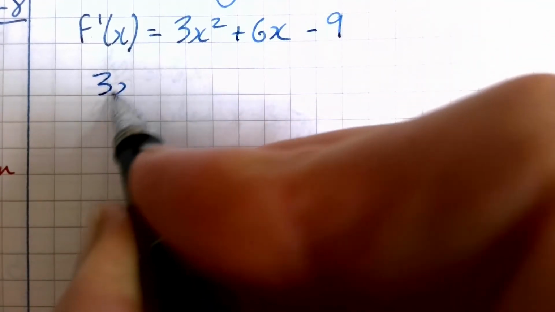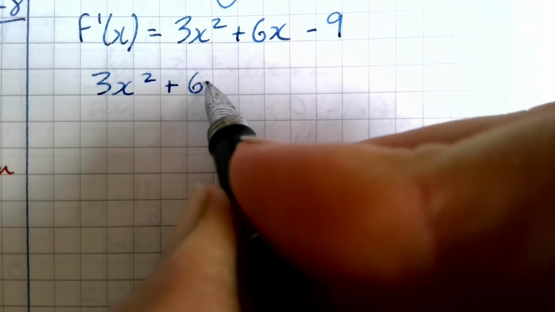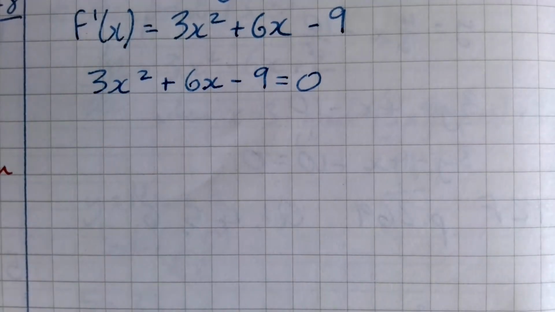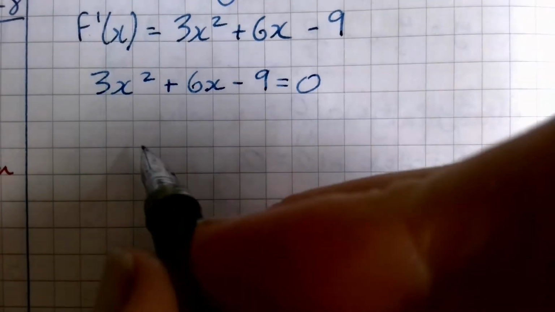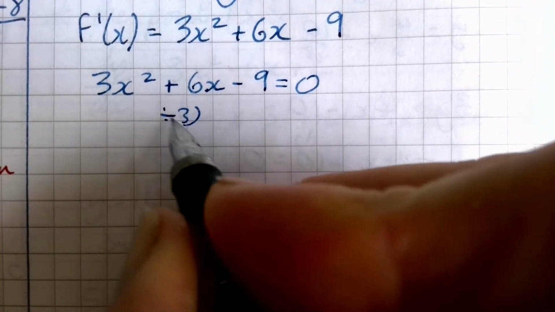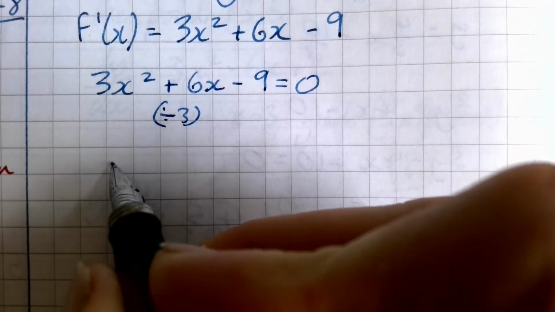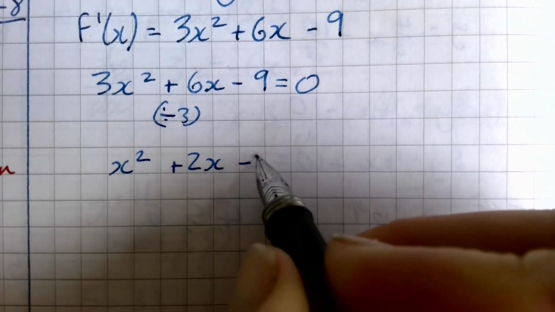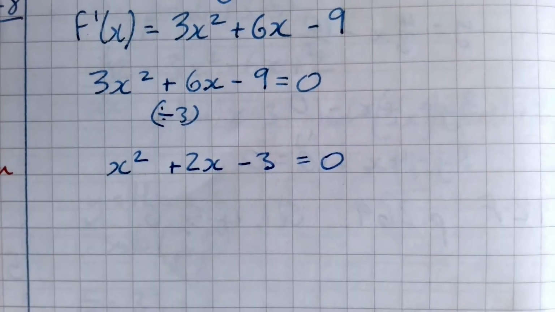So if I write that out again as 3x squared plus 6x minus 9 equals 0, you may notice that 3 goes into all of these. So if we divide everything by 3, we get x squared plus 2x minus 3 is equal to 0.